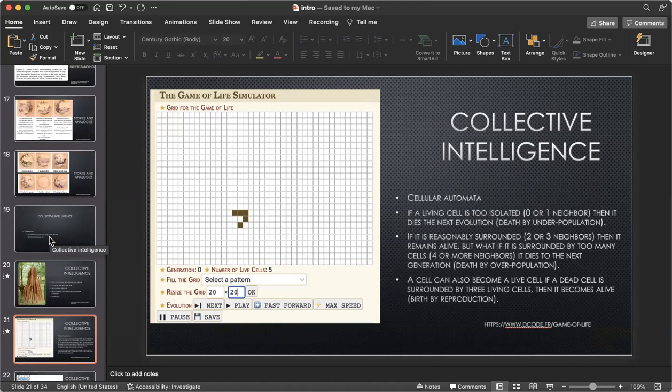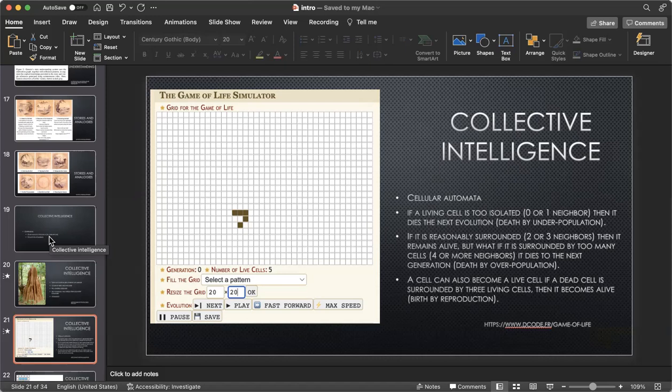Now, there are a few very simple rules that apply to each of these cells. If a living cell is too isolated, with 0 or 1 neighbors, then it dies in the next step. There are discrete steps in the simulation. In step 0, you start off with the initial pattern, and in step 1, you evolve.